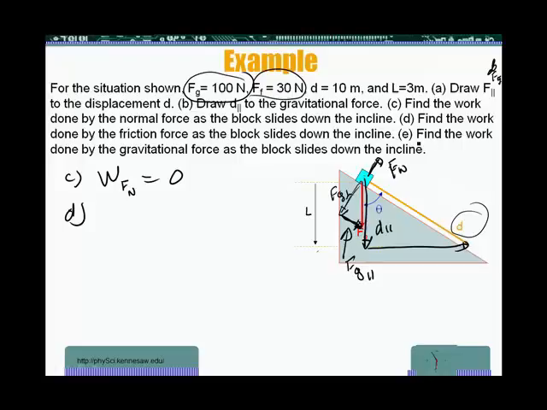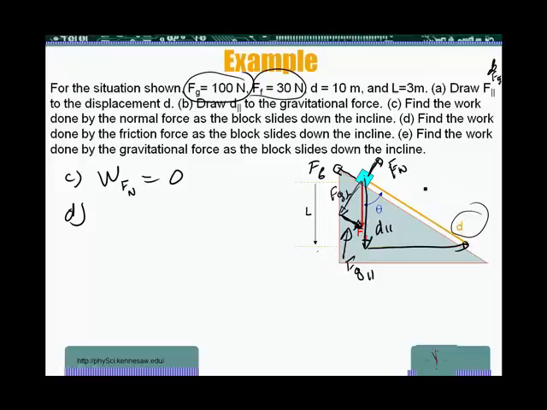Find the work done by the friction force as the block slides down the incline. Now the friction force is going to be parallel to the surface, since it is sliding friction, since my object is moving, so it must be sliding friction. So that's the direction of my friction force, parallel to the incline but opposite to the displacement.